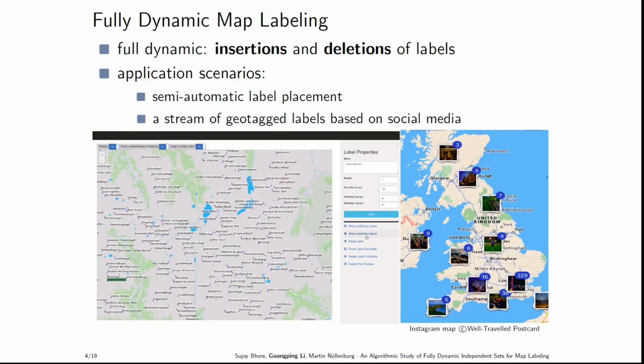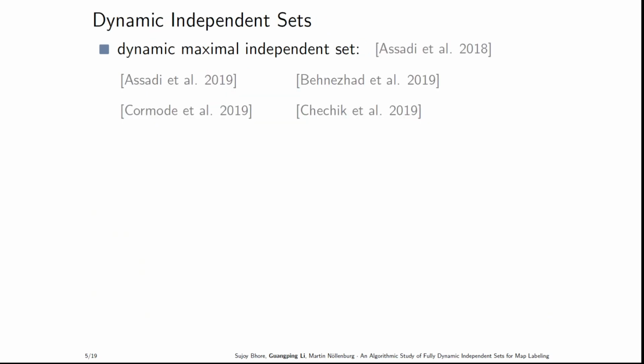Another example is maps with labels that appear and disappear over time. For example, this Instagram map is based on a stream of geotagged uniform size photos on the social media. Dynamic labeling can be modeled as the dynamic independent set problem.